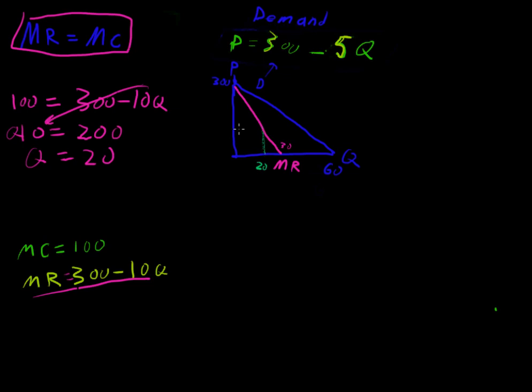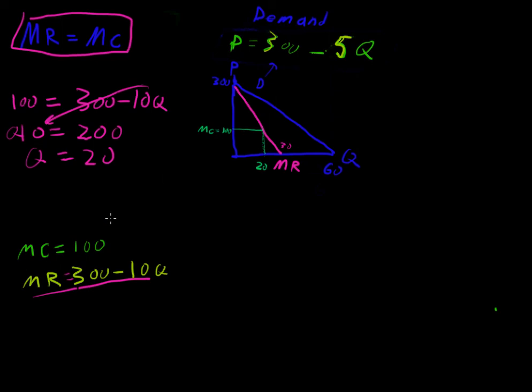All right, so if he is producing a quantity of 20, then we set Q to 20 here, and we know on the other side marginal cost is 100. So this here is our marginal cost, and it's 100. This is the amount that the monopolist is spending to produce these goods.